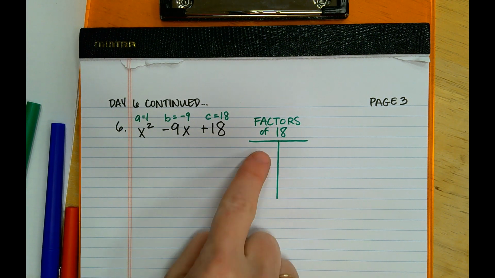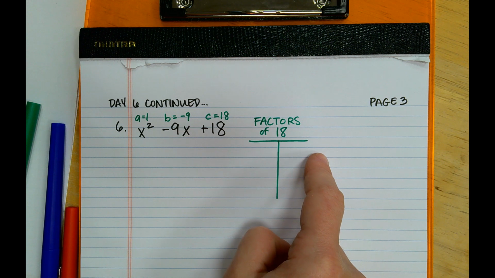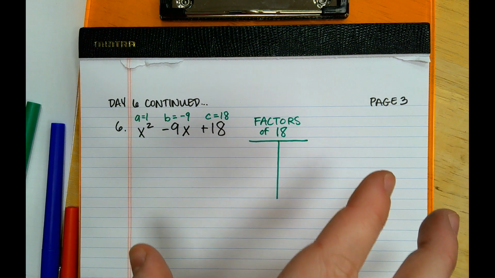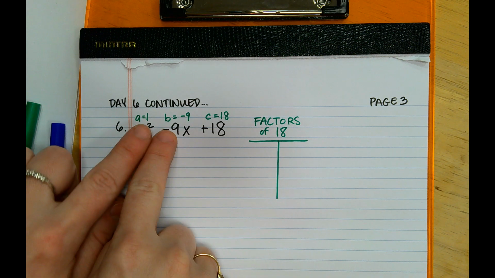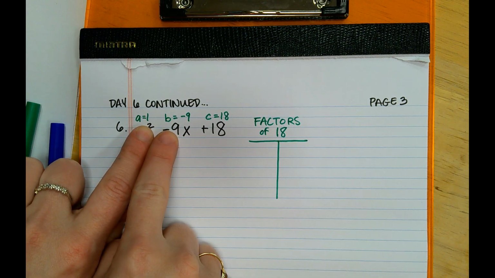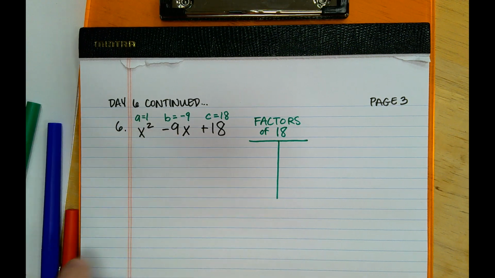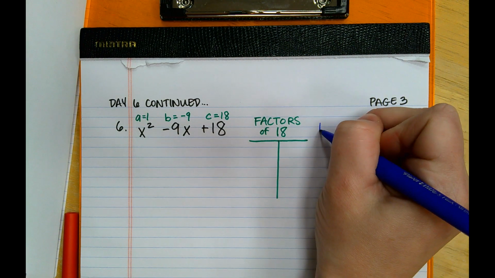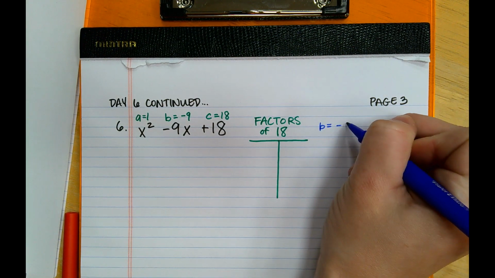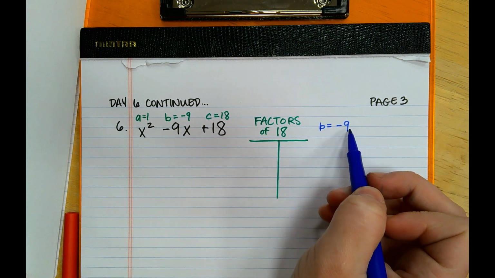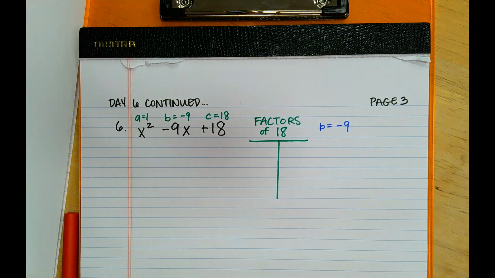We could either have a positive number times a positive number, or a negative number times a negative number. Those are both going to give us positive answers. Since our B is negative, we're probably going to be multiplying some negative numbers. I'm going to write out to the side that my goal is to find numbers that multiply to 18 and add to negative 9.